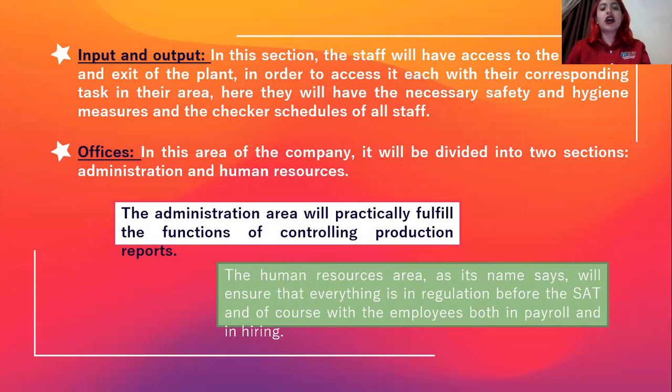The administration area will practically fulfill the function of controlling production reports, and the human resources area, as the name says, will ensure that everything is in regulation with the SAT, and of course with the employees, both in payroll and hiring.